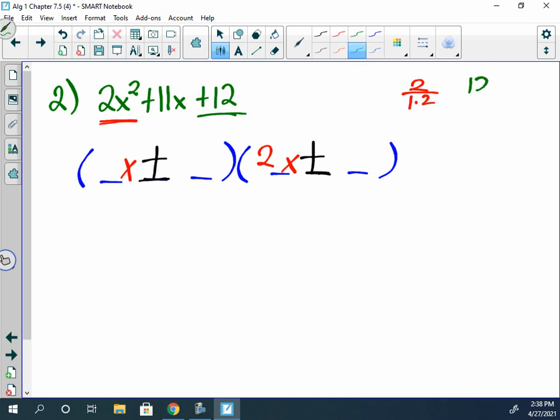Now the other one we want to find the factors of is 12. So we'd have 1 and 12, and then 2 and 6 and 3 and 4. So out of these 3 sets of factors, which one do we want to try? 2 and 6, which one goes first, which one goes second?